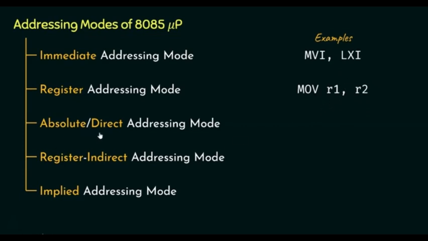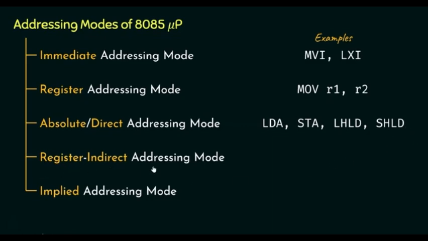Now for absolute or direct addressing mode, the examples of the instruction types LDA, STA, LHLD and SHLD are there. We have studied about the instruction types LDA and STA. Regarding the types LHLD and SHLD, we will study them in our later sessions.